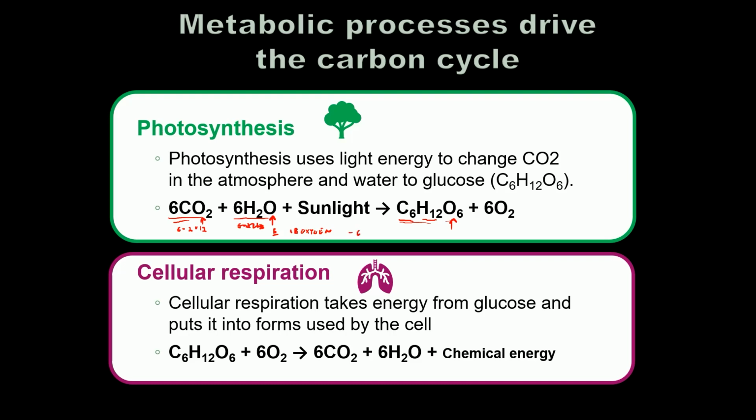So what do the plants do with all that leftover oxygen? What they do is they just pair those oxygen atoms up together and they produce O2. O2 is a waste product for plants, but this is the air that we breathe. This is the oxygen that we breathe in and that we use for our own metabolic processes.